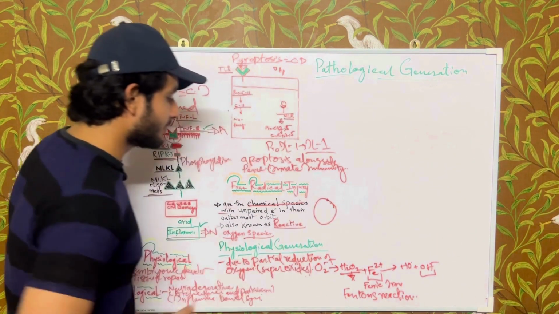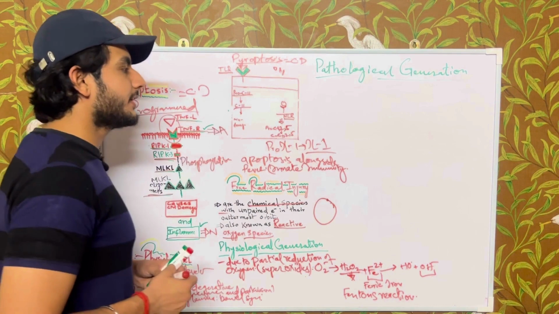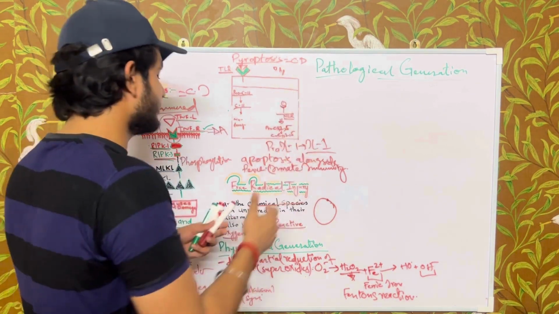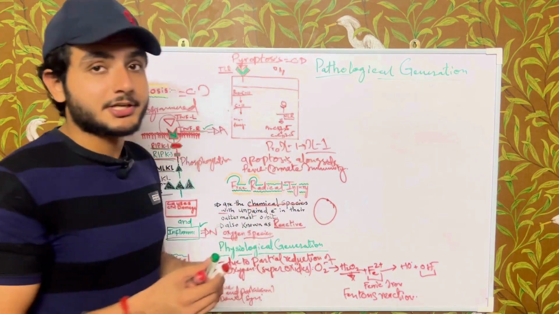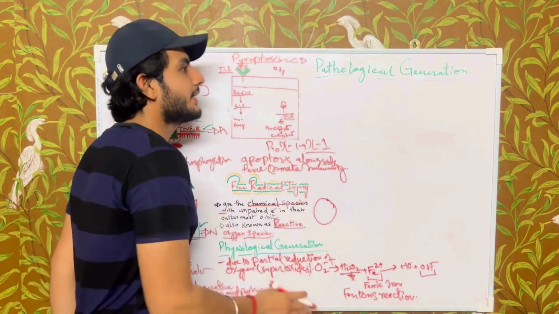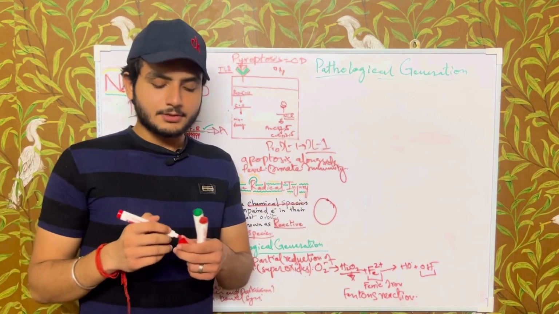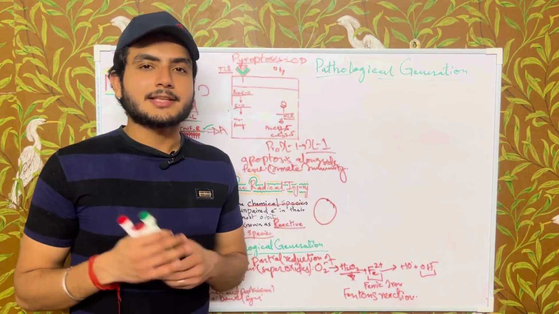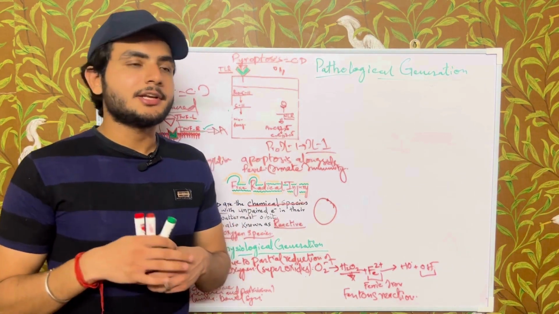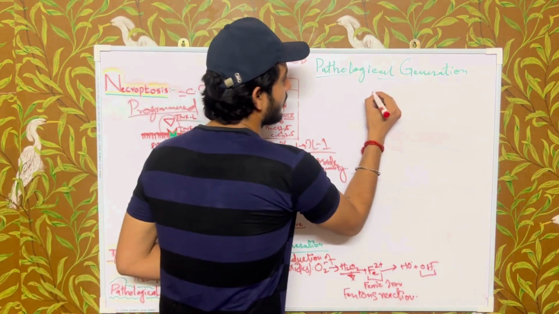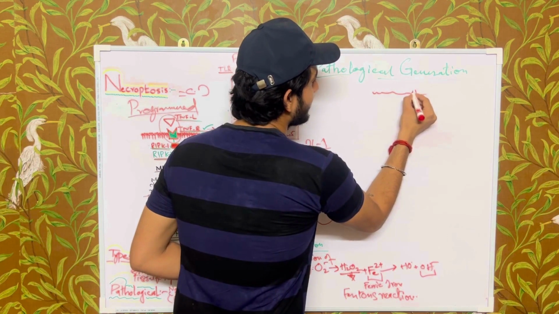So this was all about the physiological generation of free radicals. Now let's move to the pathological generation of free radicals, how they are generated pathologically. We know that whenever a water surface gets exposed to ionizing radiations, suppose this is the water surface, water molecules are present.